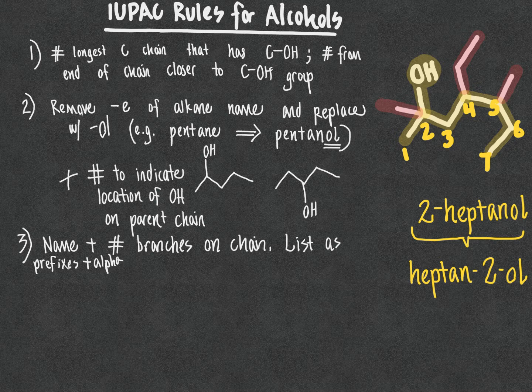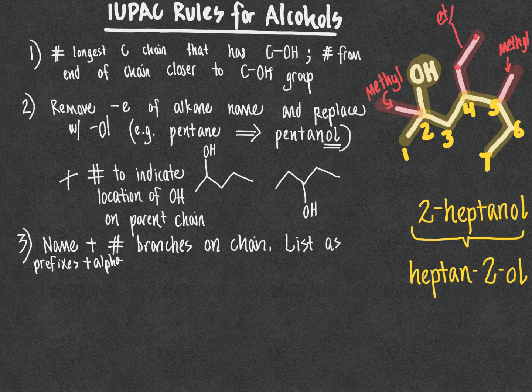We need to determine the name of those 3 branches. And I would specify this as 2 different methyl groups. Methyl group here, because it's a 1-carbon chain. Methyl group here, another 1-carbon branch. And ethyl group here, because there's a carbon here and a carbon here, where I put the red dots.